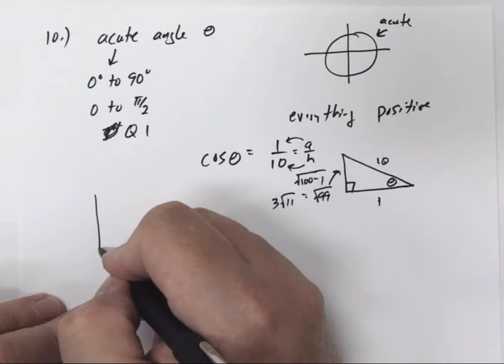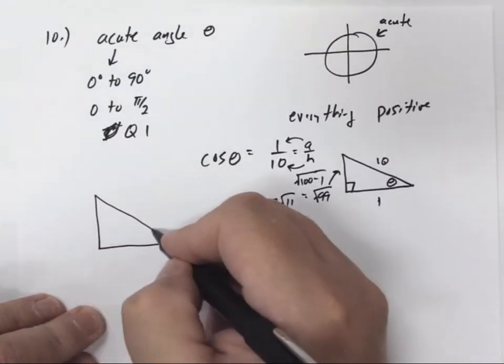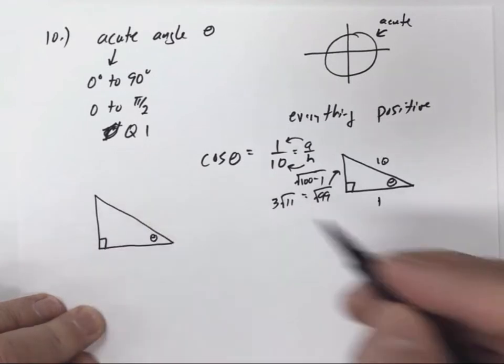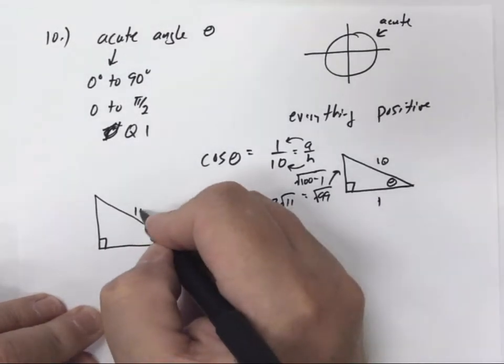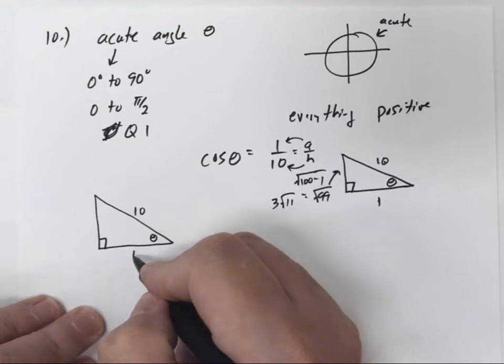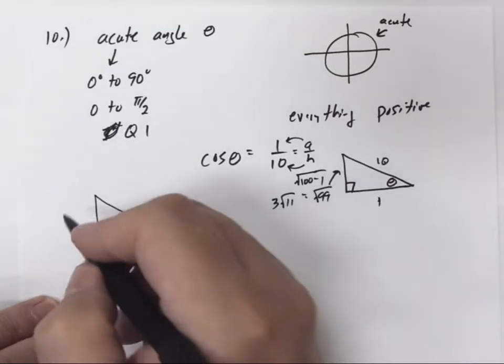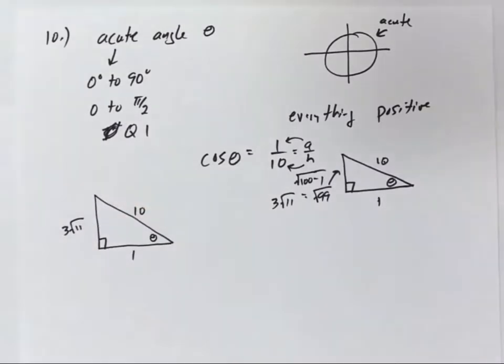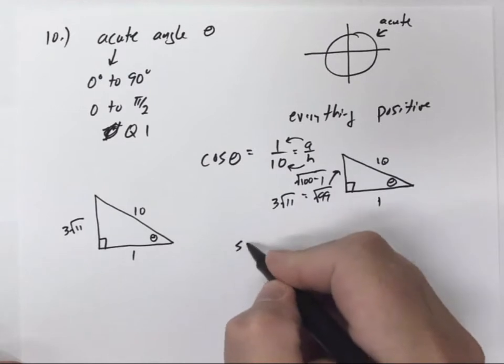So let me draw this again now. It's getting sort of messy. Hypotenuse is 10. This lower side is 1. And this side over here is 3 times the square root of 11. Now based upon that, I can easily figure out the rest of the trig functions. I already know cosine.